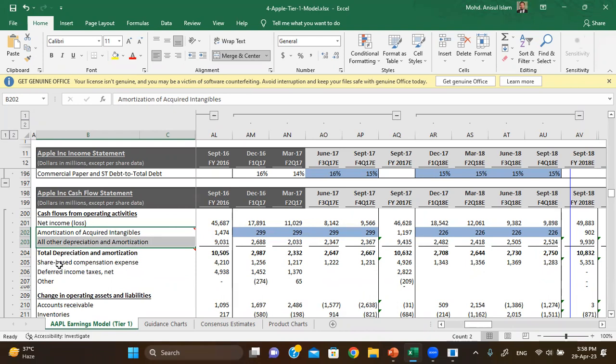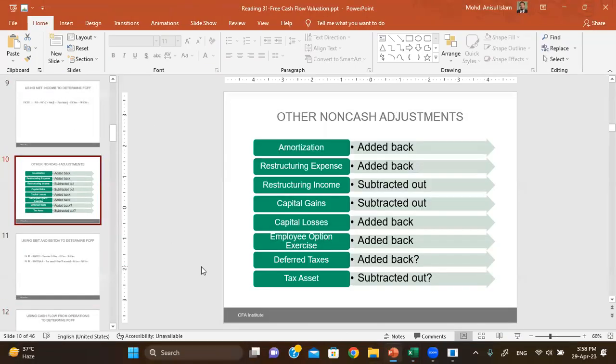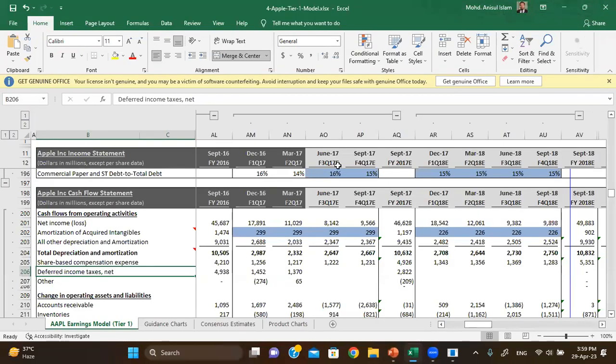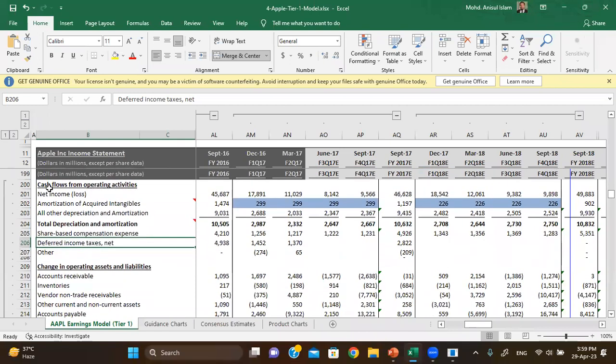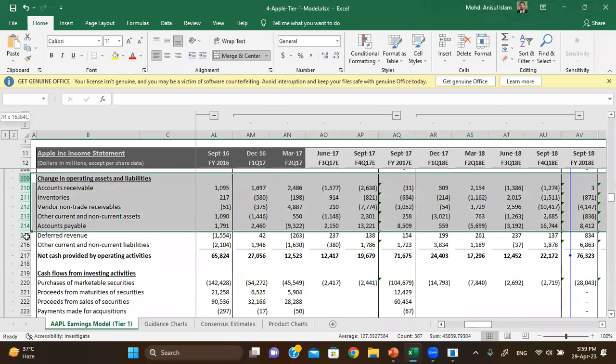And in addition to this, I have shown you a list of non-cash charges. I have mentioned the deferred taxes, and there was a list, the share-based compensation is also there, employee option exercise. So these are the cases there. So you see the first part, net income has been adjusted for what? The non-cash charges.